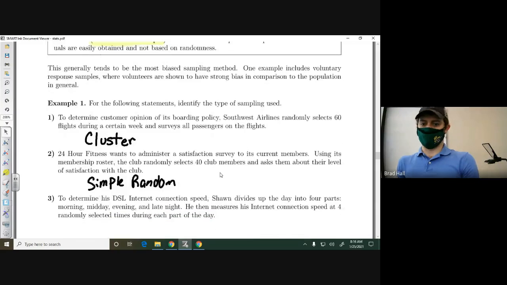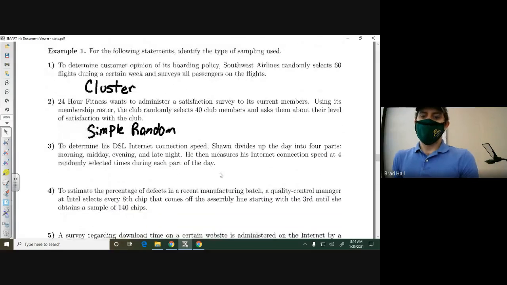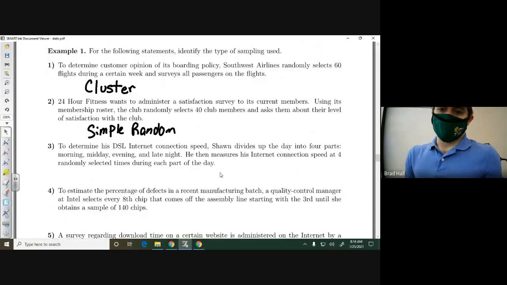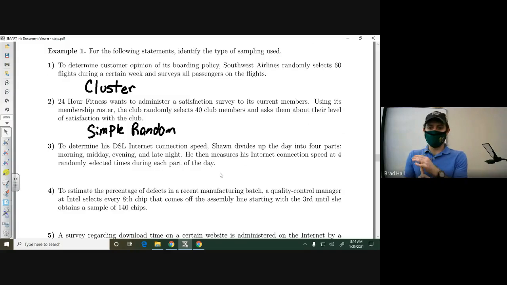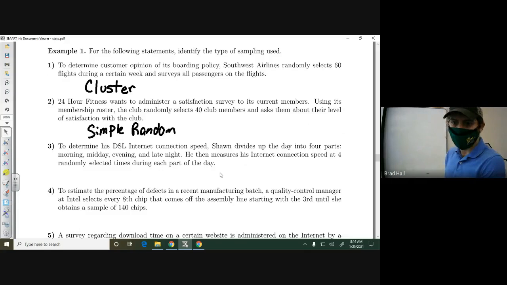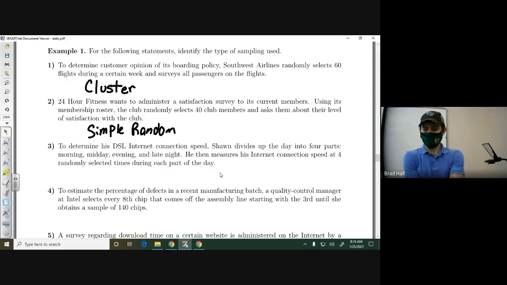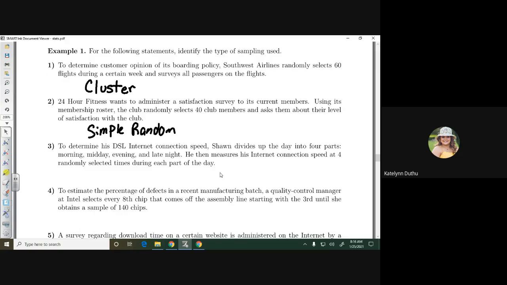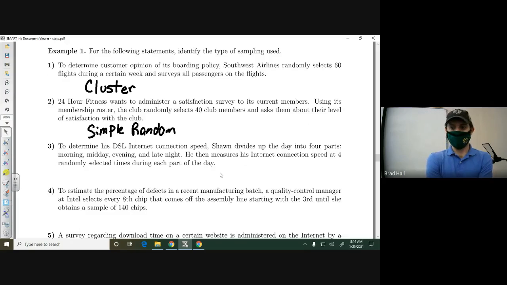So let's scroll down a little bit to number 3. To determine his DSL internet connection speed, Sean divides up the day into 4 parts: morning, midday, evening, late night. He measures the internet connection speed at 4 randomly selected times during each part of the day. Stratified. This one is stratified.